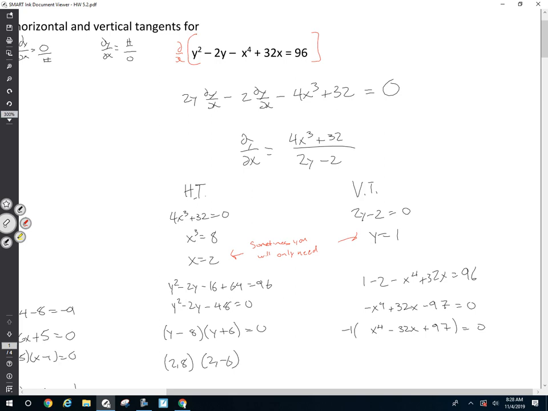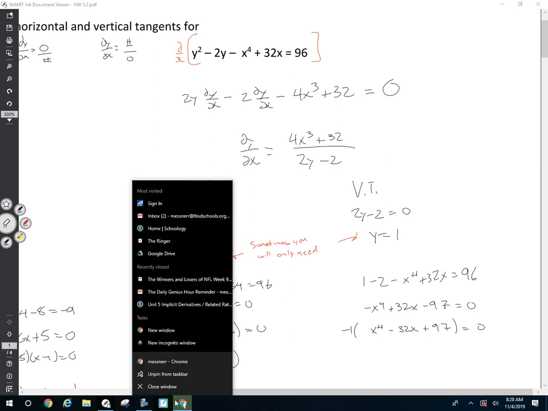97 doesn't really have any factors. Is 97 prime? If 97 is prime, we're done here.